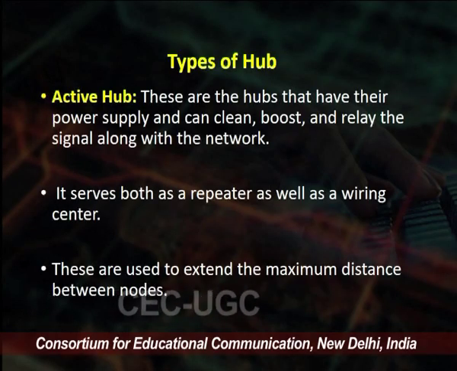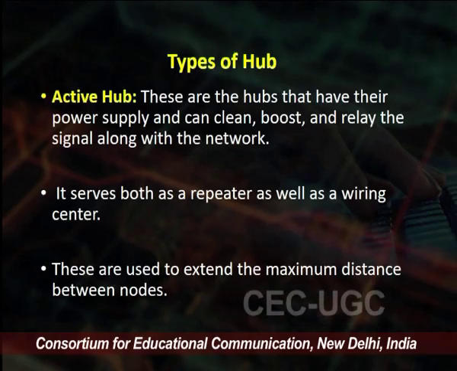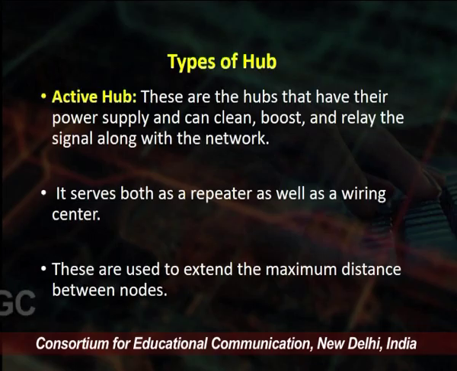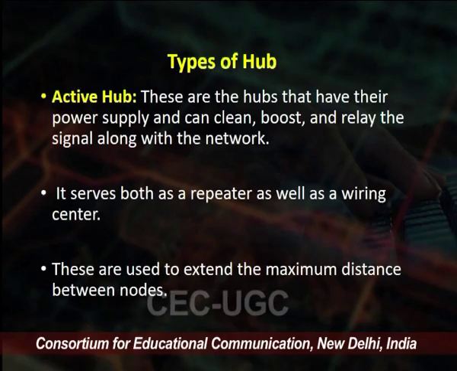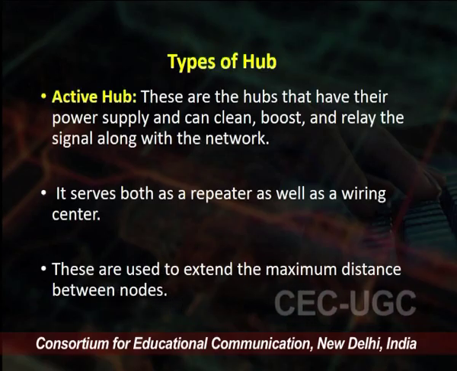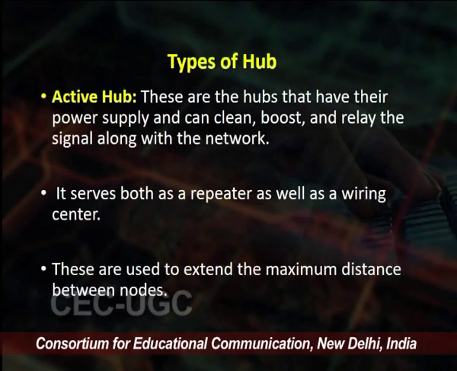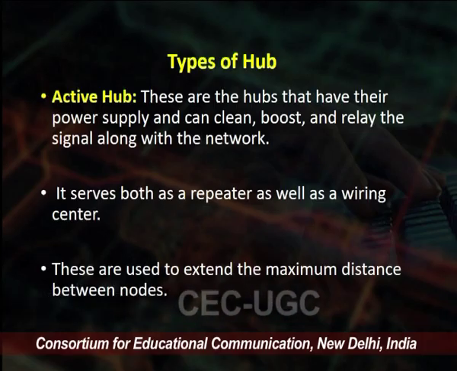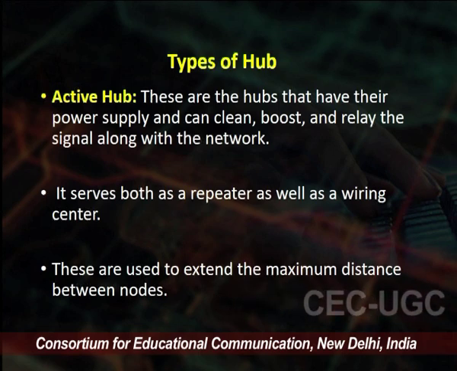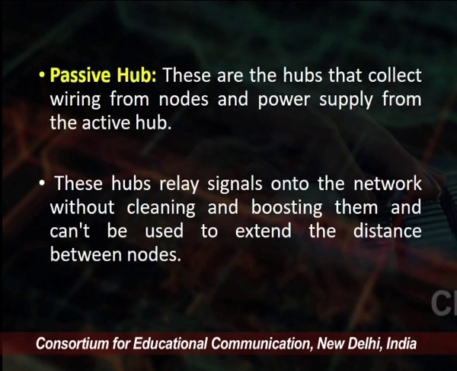That means they serve both as a repeater and as a wiring center, and they are also used to extend the maximum distance between the nodes. So they can have their own power supply and clean, boost or relay the signals. These types of hubs are known as active hubs.